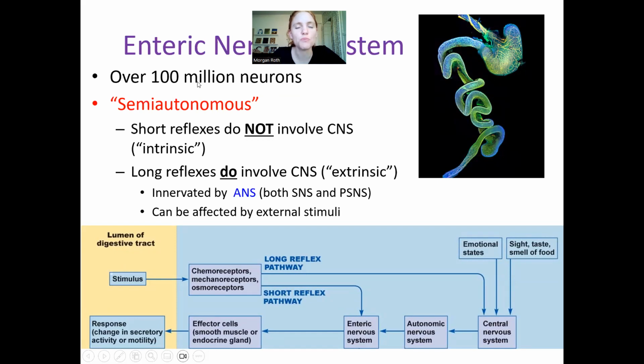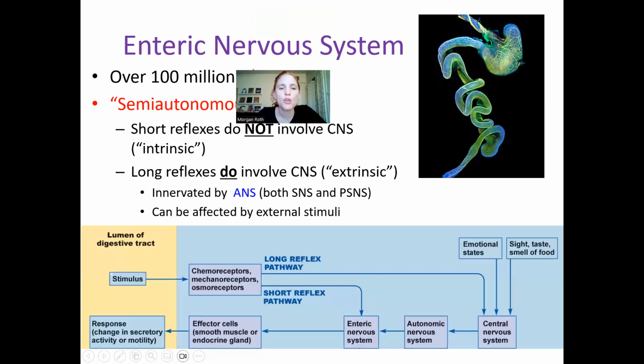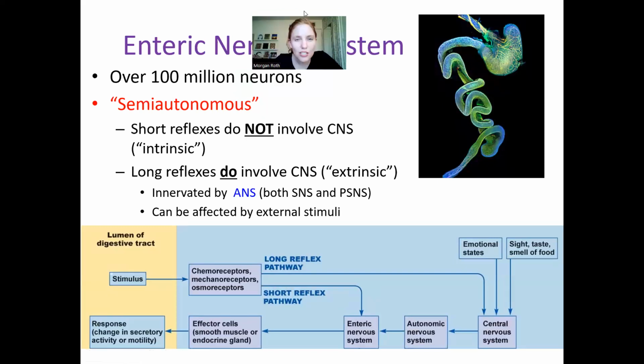So over 100 million neurons interconnecting, synapsing together. So if you've heard of the term gut brain, that refers to the enteric nervous system. The enteric nervous system is the system of neurons that help control the activities of your digestive system.